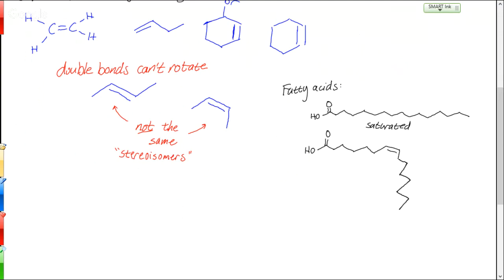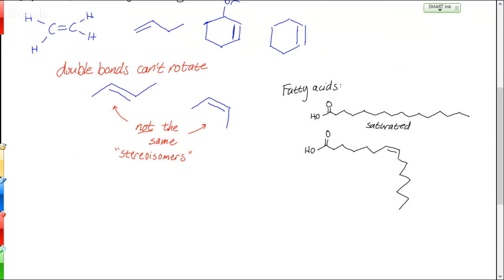And because they don't rotate like that, when the double bonds have this cis geometry, they really change the whole structure of that chain. And actually, fatty acids would have many more carbons than that usually, but we'll just use those because they're easier to draw. So you get this kind of kink in the chain. And this is why unsaturated fats tend to be liquid at room temperature, whereas saturated fats tend to be solid at room temperature. So things like butter and animal fats are saturated fats. Most vegetable oils and those kinds of things are unsaturated fats.